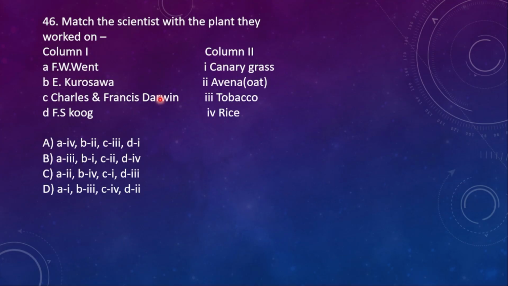46. Match the scientist with the plant they worked on. Column 1 with column 2: F.W. Went, E. Kurosawa, Charles Francis Darwin and F.S. Cook.